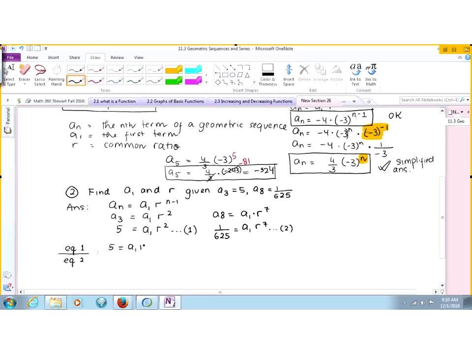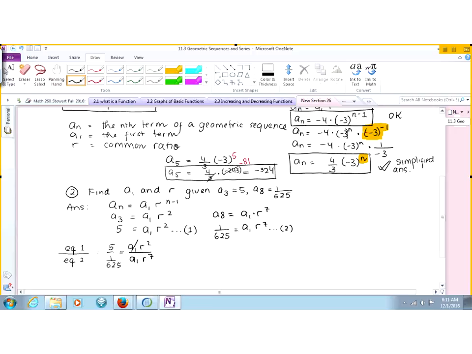So what we will have was 5 divided by 1 over 625 is equal to A1 R squared divided by A1 R to the 7. Right? Okay, so basically we eliminate A1 here.